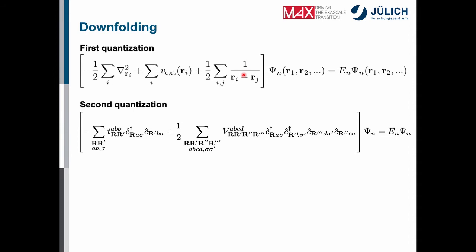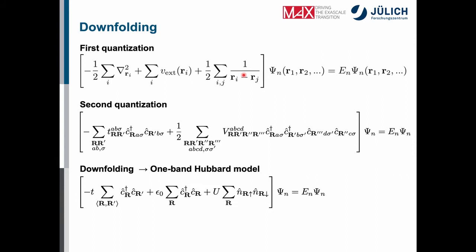Still, we have not really gained so much from this reformulation. What we still have to do is downfolding the Hamiltonian, for example to the extent that we limit the system to a single band, which gives the one-band Hubbard model. We have three terms in the Hamiltonian: the hopping term that contains only nearest neighbor hopping, the on-site term, and the electron-electron interaction term, which derives from this part.